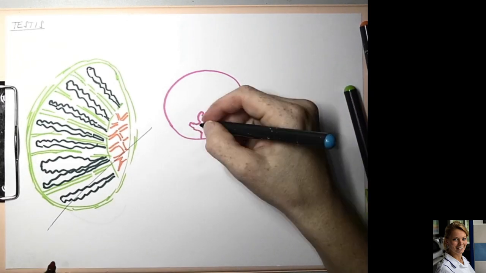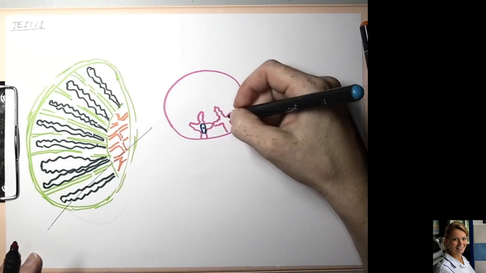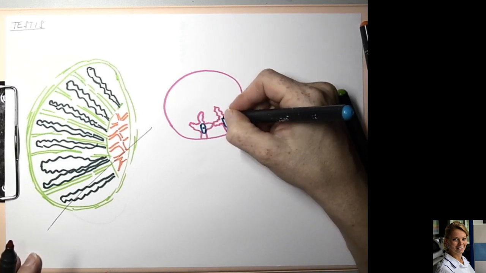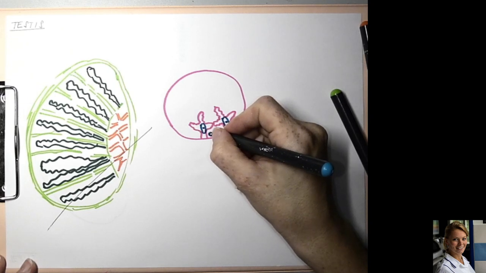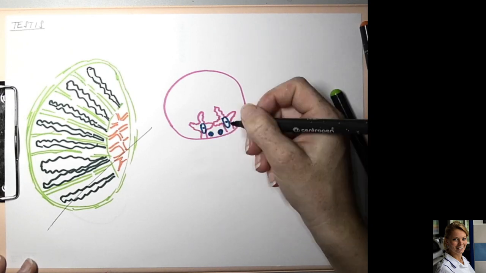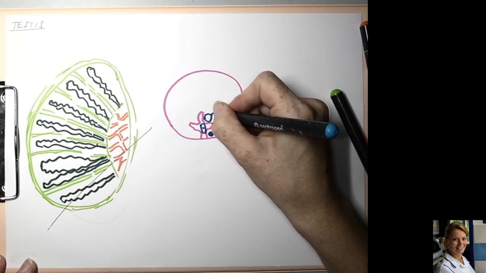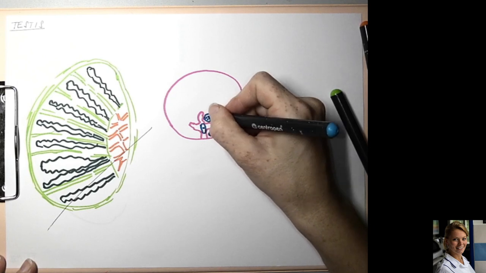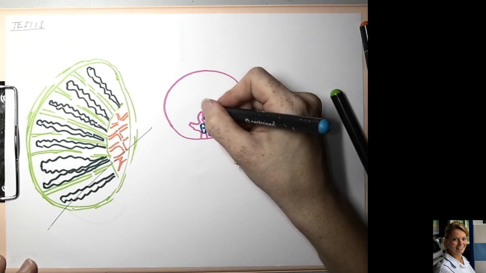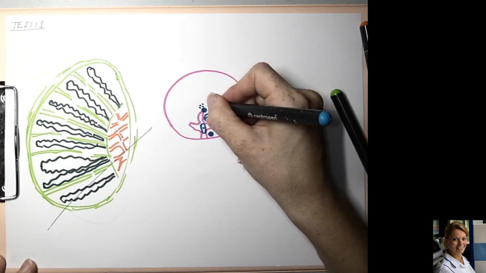Sertoli cells have an ovoid nucleus with a prominent nucleolus. And there are also nuclei of spermatogonia and very big nuclei of primary spermatocytes, secondary spermatocytes and spermatids.